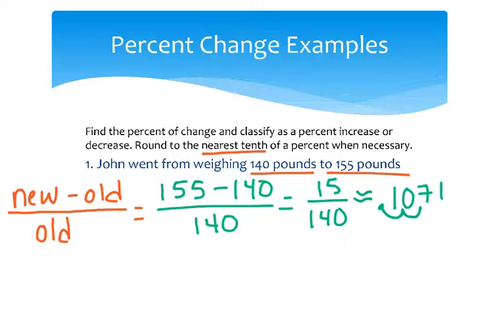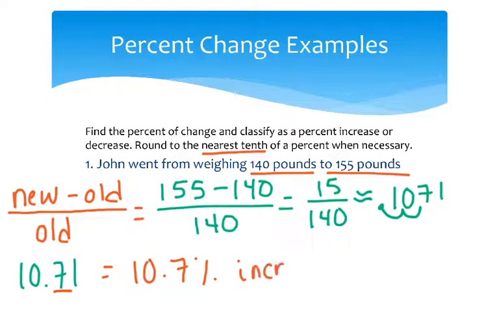And now as a percentage, you have 10.71. Nearest tenth is 1 space. So that 1 isn't going to shove it at all. So this means now that's equal to 10.7%. And then increase or decrease, well, your value here was positive. So that means you have an increase. So during quarantine, John has a 10.7% increase in his weight.